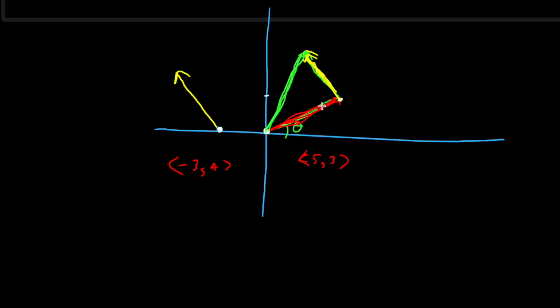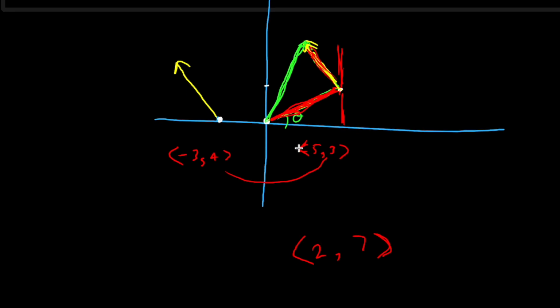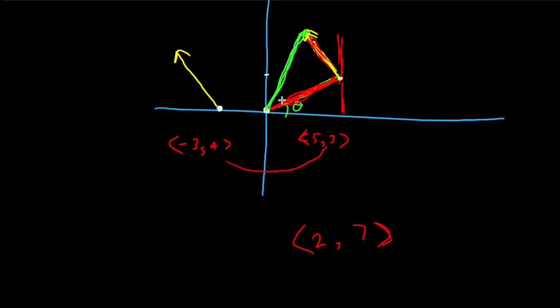We have 5, 3, and since this is the height of the yellow vector, we could just add the heights, so our y component would be 7. And for x, we just add the x components, and we get 2. So this is our resultant vector. And this looks about right. 2 over, 7 up, that looks about right.